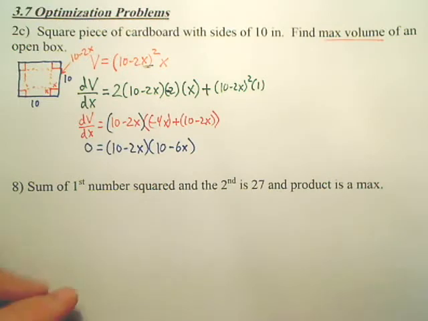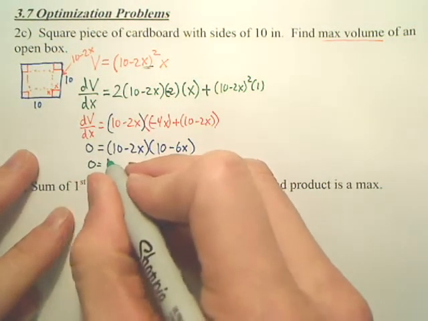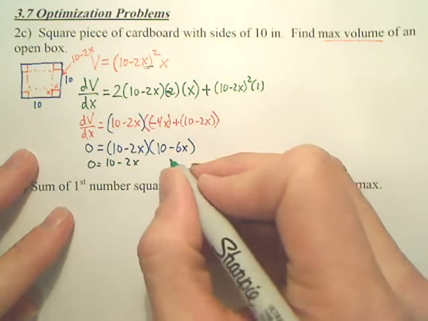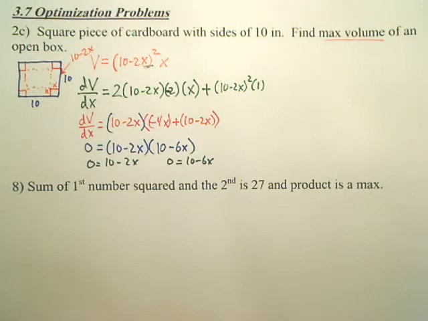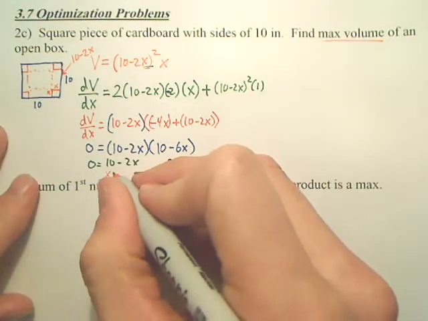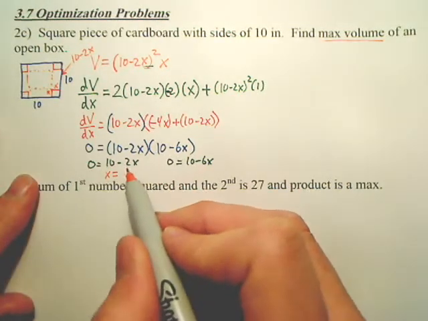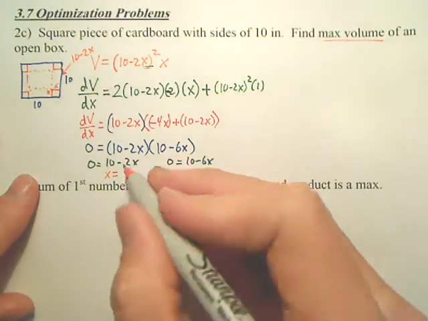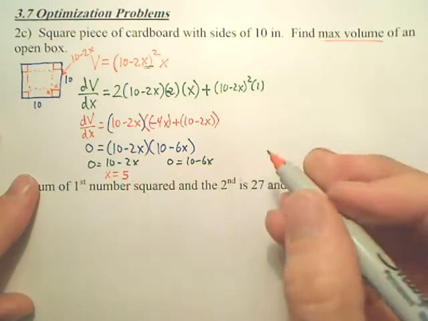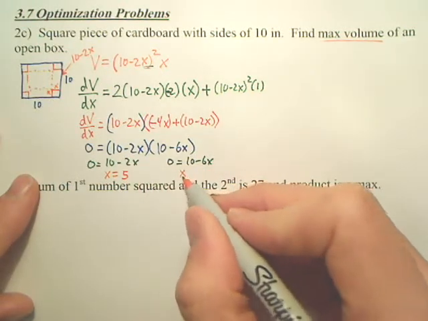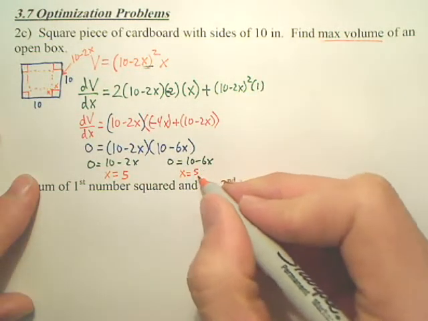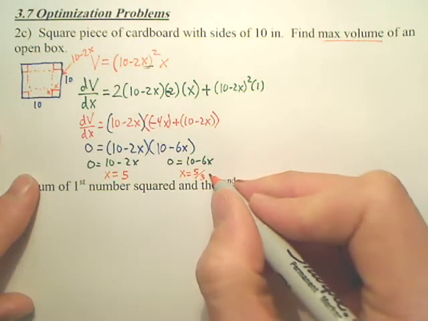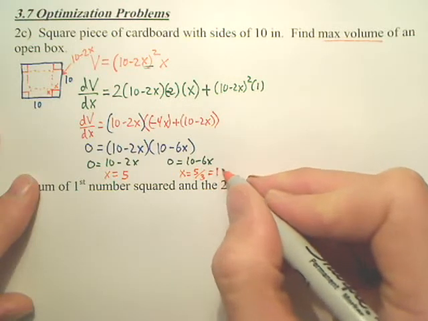Yeah, but it's not really that necessary. 0 equals 10 minus 2x, and 0 equals 10 minus 6x. If we solve that, that one's going to be, what, negative 10 divided by negative 2, is that 5? That's 5, and then this one's going to be 5/3, which is 1 2/3.